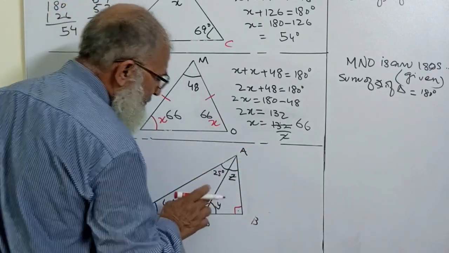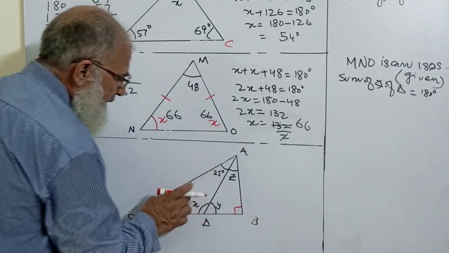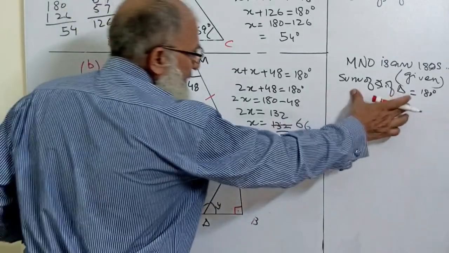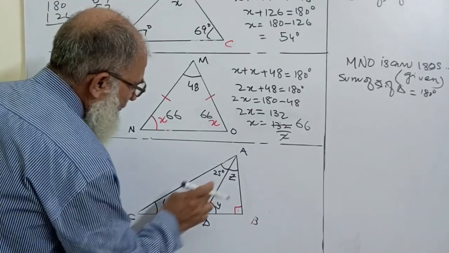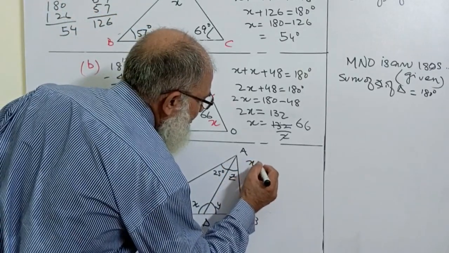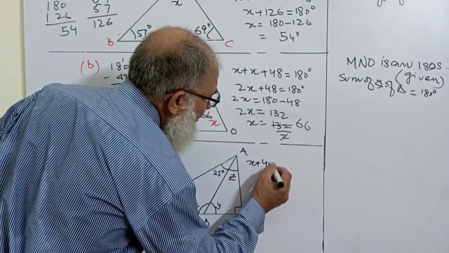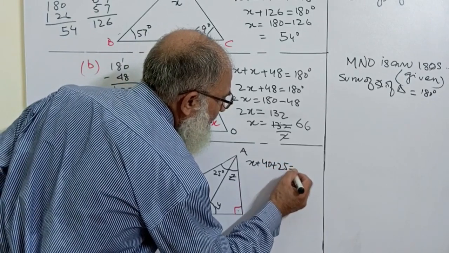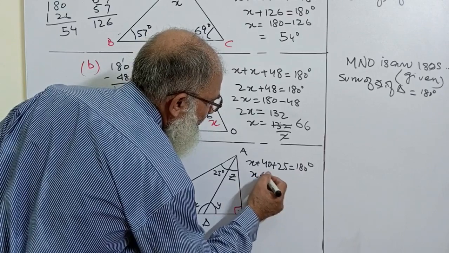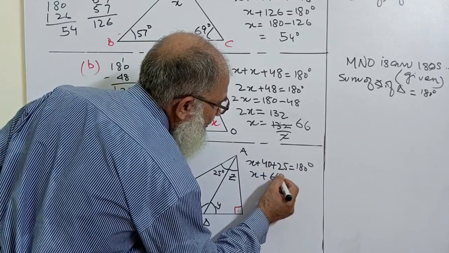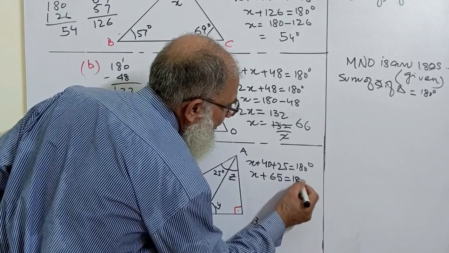Now we can calculate this angle x by this reason. Now x plus 40 plus 25 degree is equal to 180 degree. So it will become 65 is equal to 180.